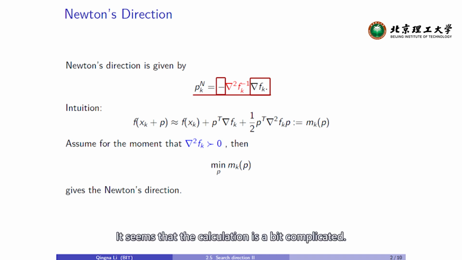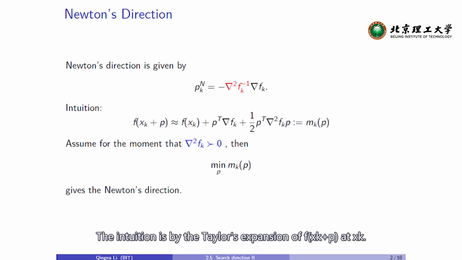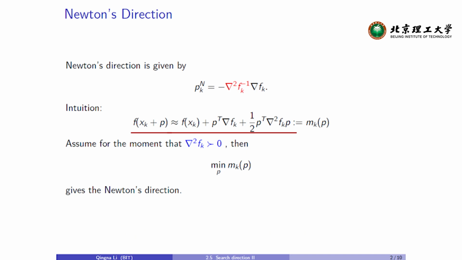It seems that the calculation is a bit complicated, so let's first introduce the intuition for why we have this formula. The intuition is from the Taylor expansion of f(x_k + p) at x_k. We expand the function value of f to its second order, and we basically approximate the function f by a second order quadratic function.